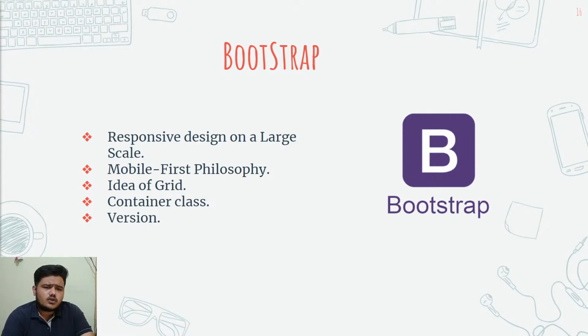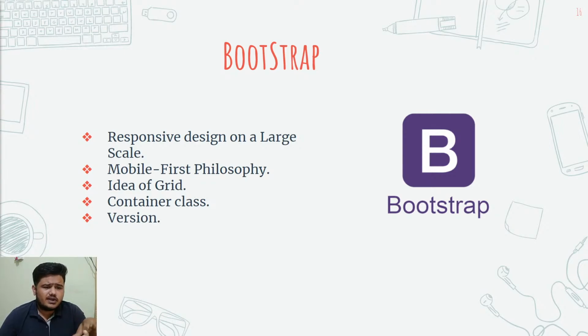So moving forward, Bootstrap achieved responsive design by introducing the idea of grid. This was the main component of Bootstrap that made this framework achieve the first and important thing, that is responsive design.